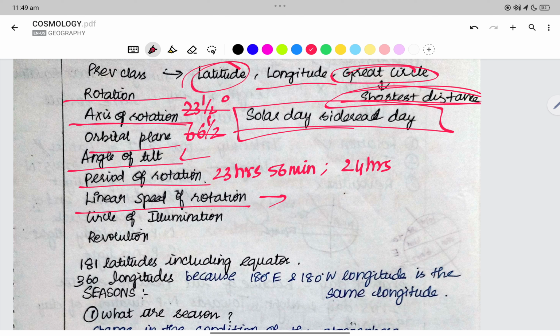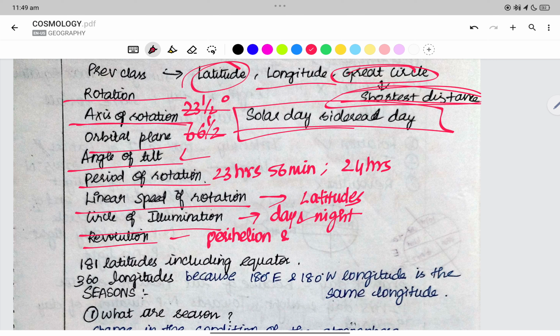Linear speed of rotation varies with respect to the latitudes, right? Circle of illumination, day, and then we have the night. Revolution, the aphelion, perihelion: January 3 is perihelion, and July 4 is aphelion.